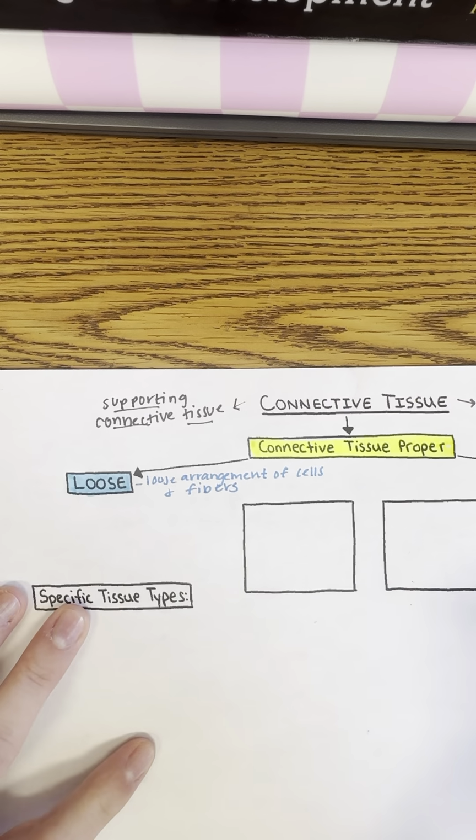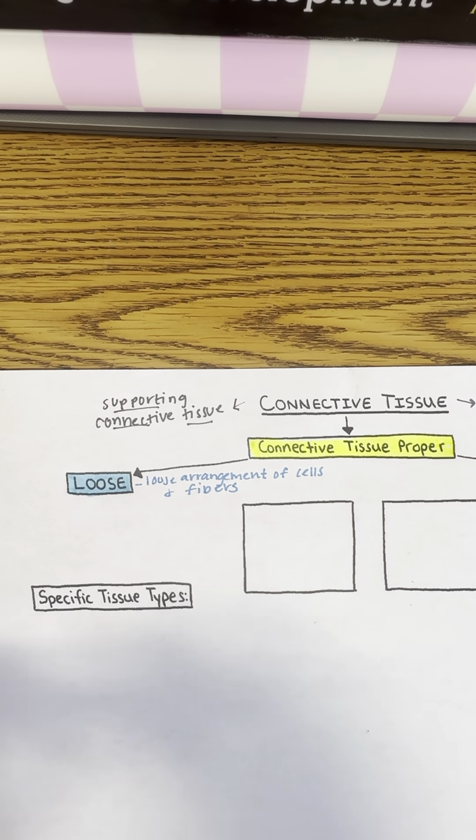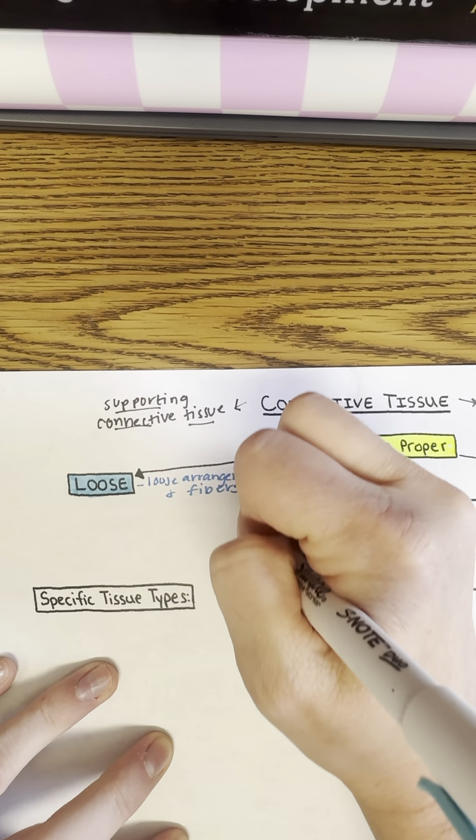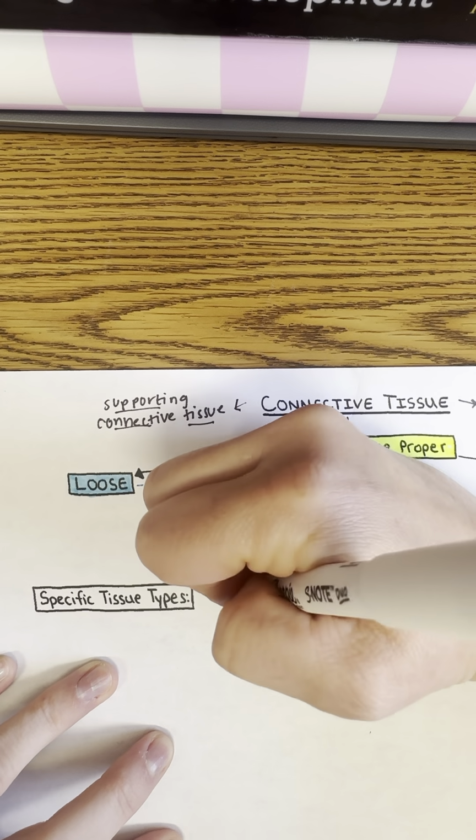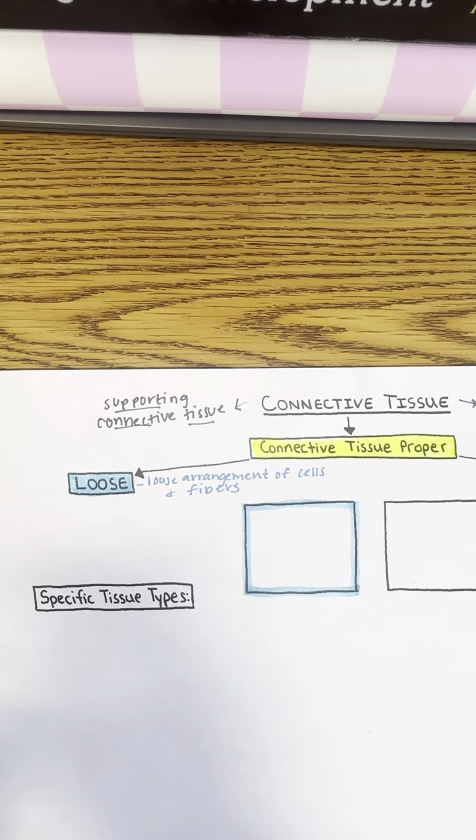Okay, so this box here, we're going to draw an example of what it would look like underneath a microscope. So I'm going to highlight this in blue just to represent loose connective tissue. Okay, loose arrangement of cells and fibers.